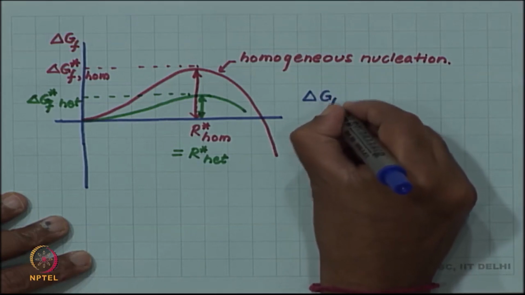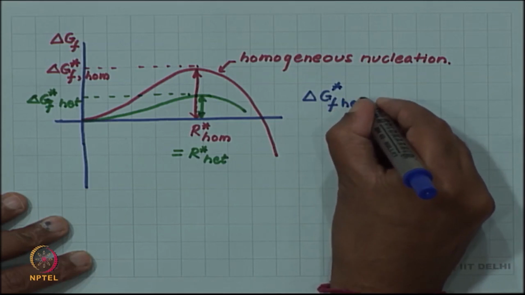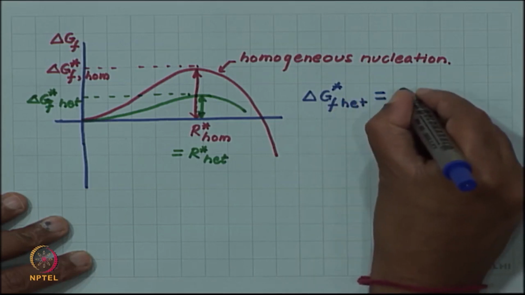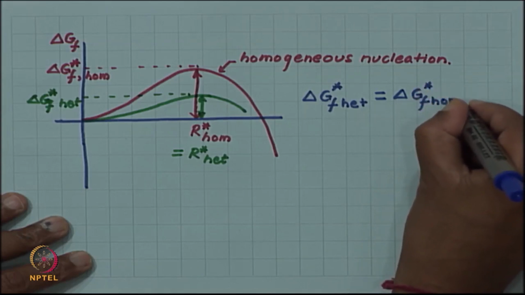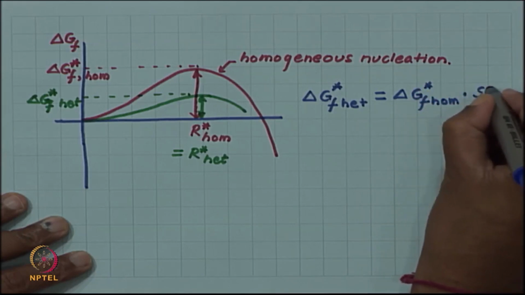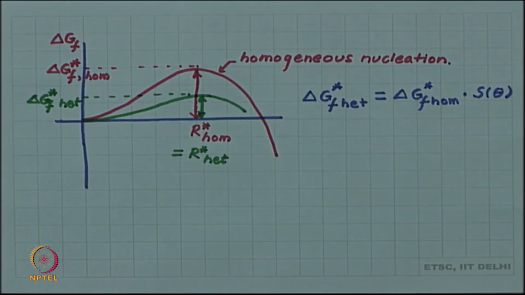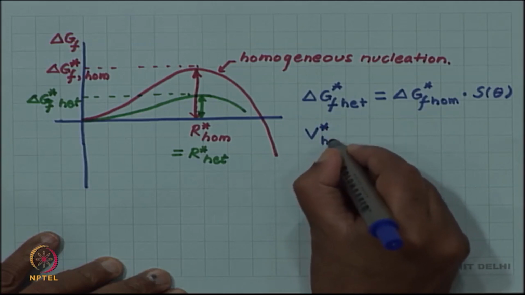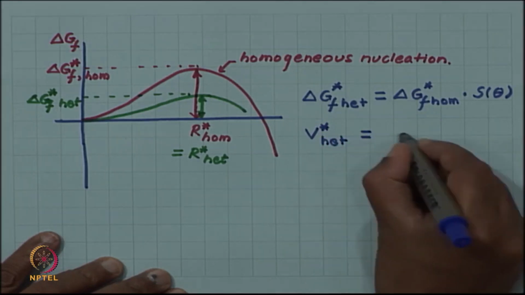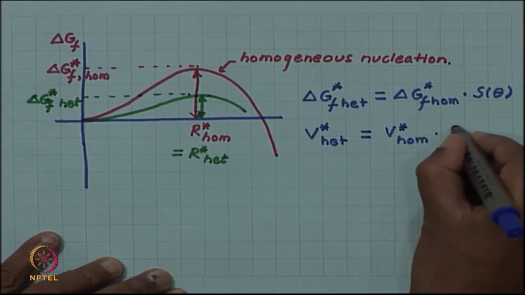So, delta G F star for heterogeneous is delta G F star for homogeneous times the same factor S theta, and we have already seen that V star for heterogeneous is V star for homogeneous times S theta.